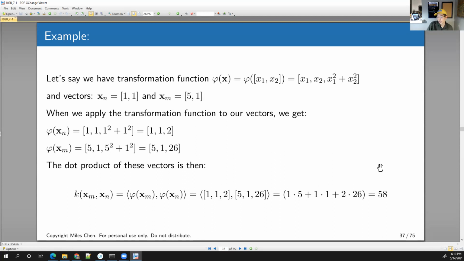Okay, but the key here is that depending on what this transformation function is, you can calculate this number 58 directly from xm and xn without needing to actually do this transformation.